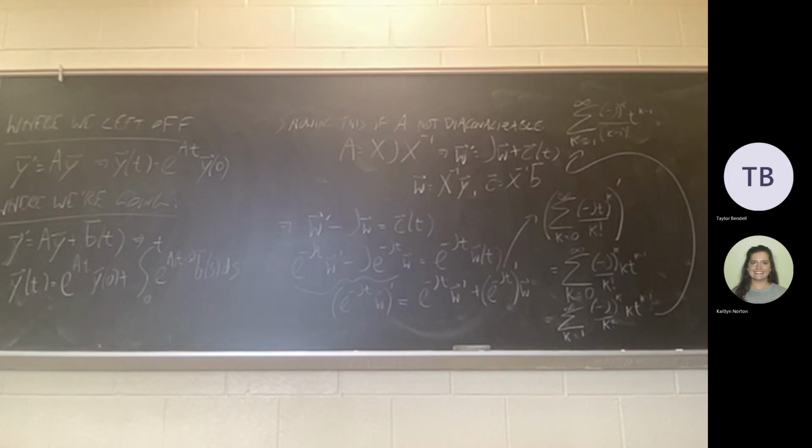Because k factorial is the product of everything up to k, now I have a product of everything up to k minus 1.